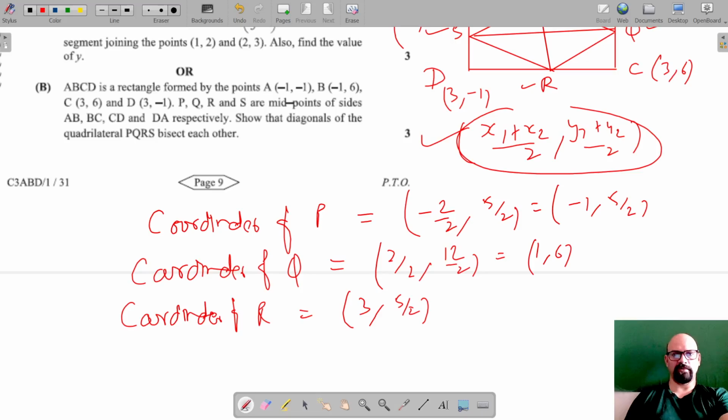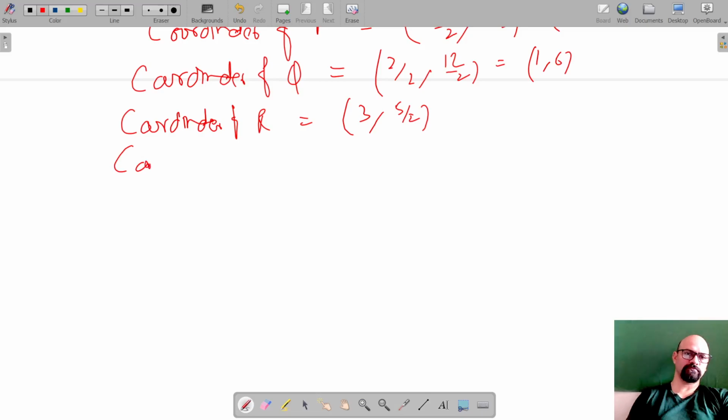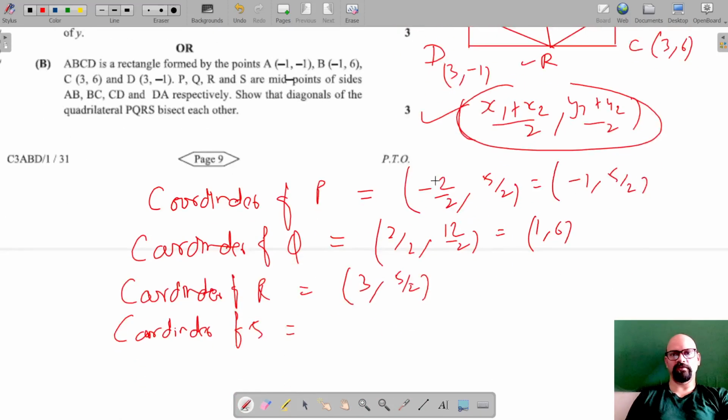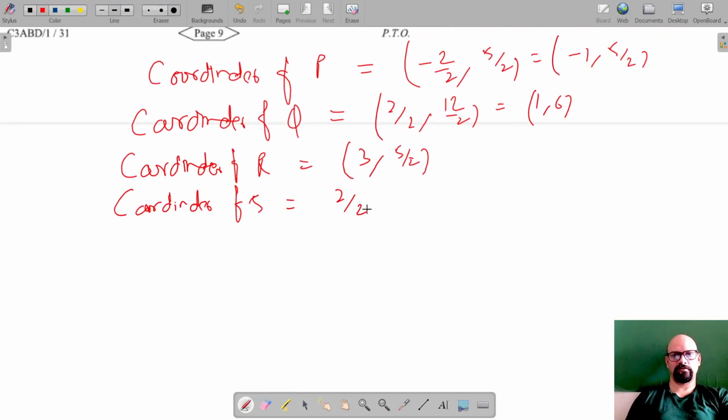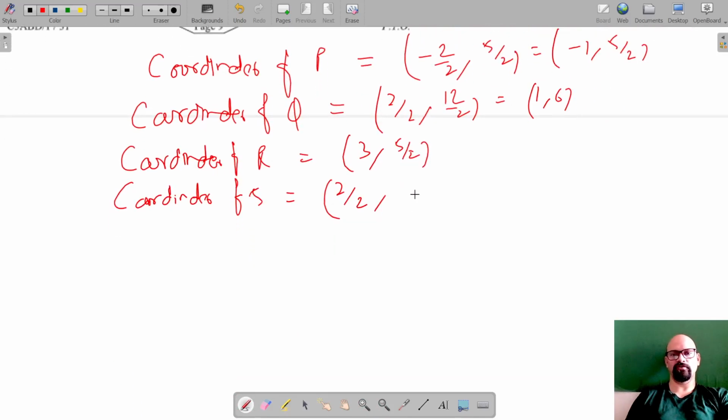And coordinates of point S: -1 plus 3 is 2, divided by 2 is 1, and -1 plus -1 is -2 divided by 2, which gives us 1, comma -1.